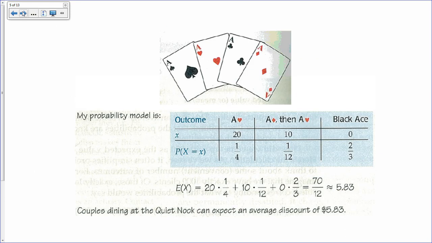Here's an example of a card game, where here are the payouts or the amount of points or amount of money you get, and the probabilities of getting each of those, and you find the expected value by multiplying the number times the probability that you get that number, and you add them all up and you get the expected outcome.